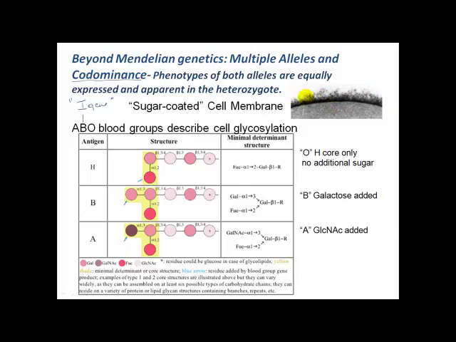This would be a red blood cell that we're looking at here, and all of this fuzzy stuff that we see projecting up is either sugar groups that have been added onto proteins or sugar groups that have been added onto lipids that are embedded in that phospholipid bilayer. So what the I gene encodes is an enzyme that glycosylates a membrane embedded protein.